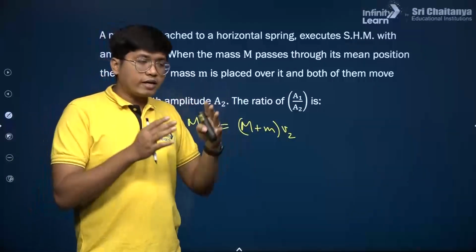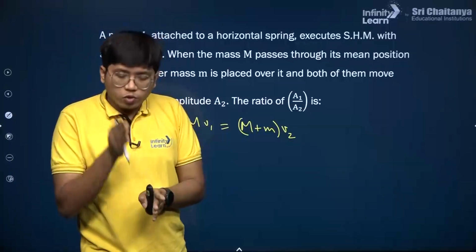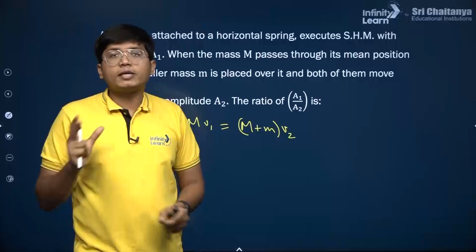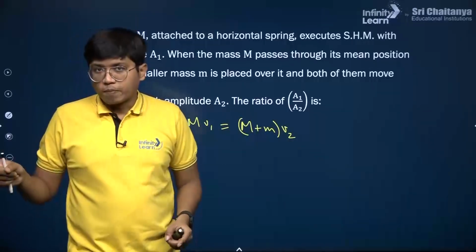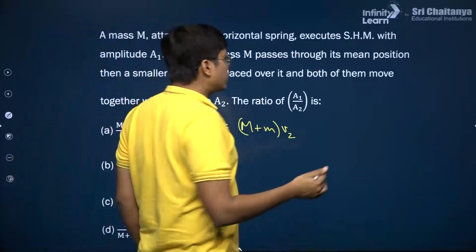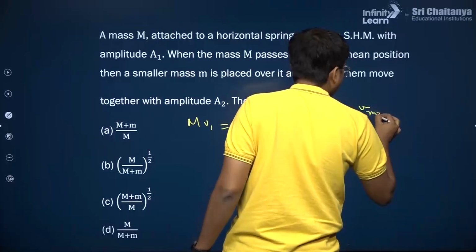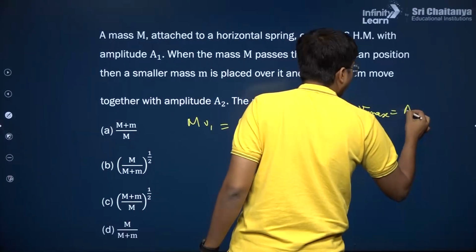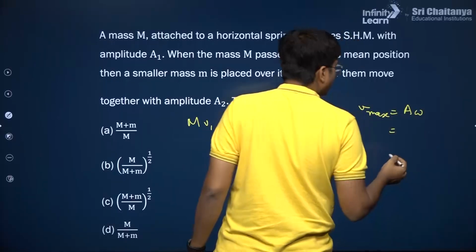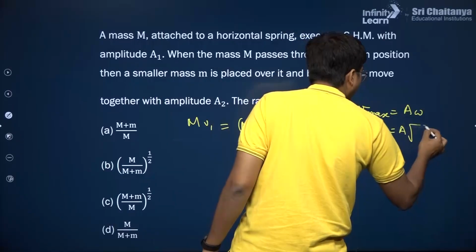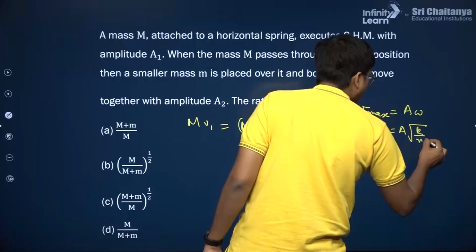But because it's happening at that mean point, the velocity is going to be the maximum velocity for the SHM. The maximum velocity relation is V max is equal to A omega, and omega is equal to root over k by m. So it is A root over k by m.